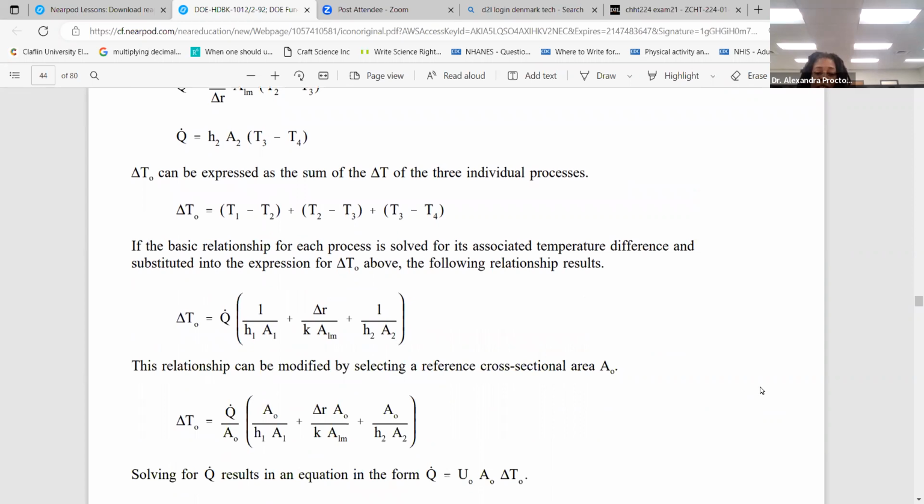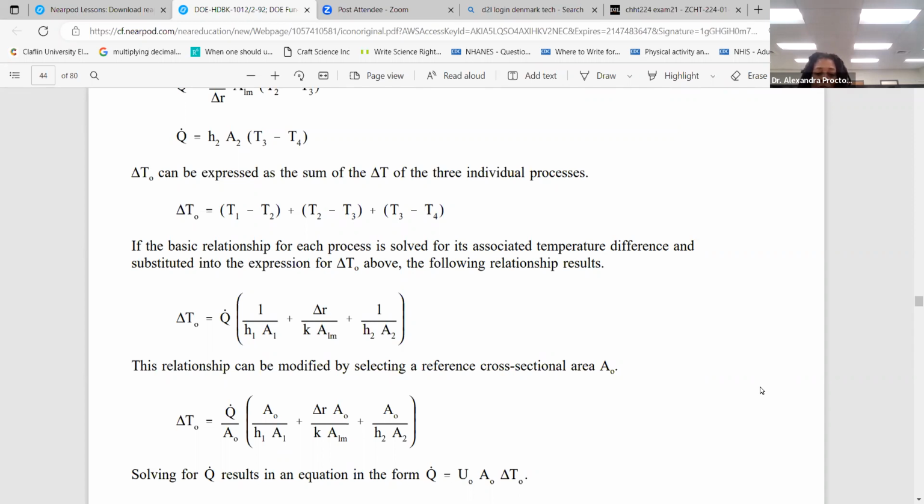If the basic relationship of each process is solved for its associated temperature difference and substituted into the delta T equation above, the relationship is delta T equals Q times (1 over H1A1 plus delta R over K A sub LM plus 1 over H2A2).